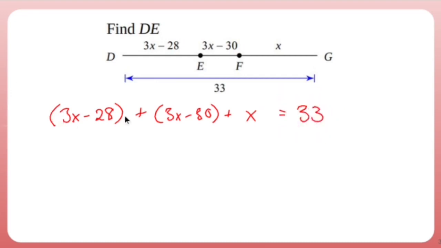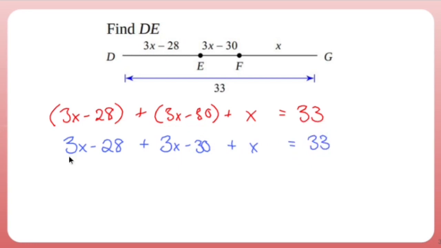If you have nothing in front of a parentheses, you don't need the parentheses. So this leaves me with 3x minus 28 plus 3x minus 30 plus x equals 33.